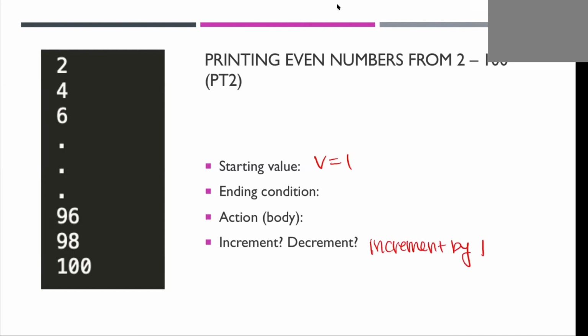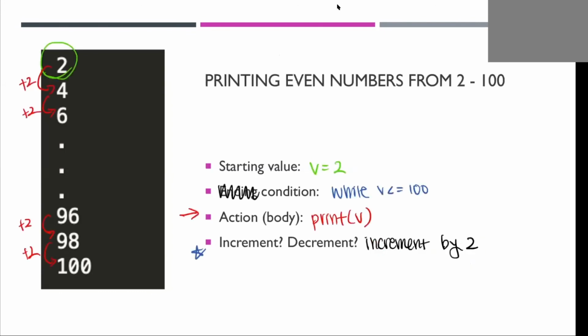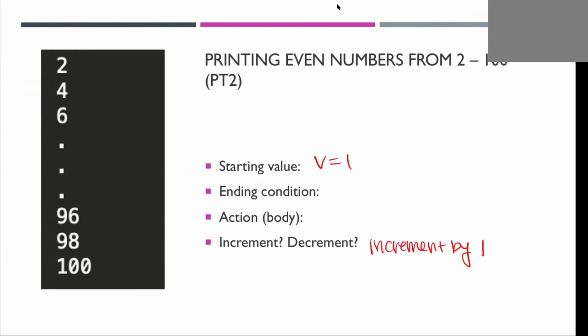If we increment by 1, we're going to be printing out 1, 2, 3, 4, 5. In that case our action was the same as the previous slide, which was just printing out the value. And we can't do that because our goal isn't to print out all numbers, it's to print out even numbers: 2, 4, 6, 8, and you keep going.